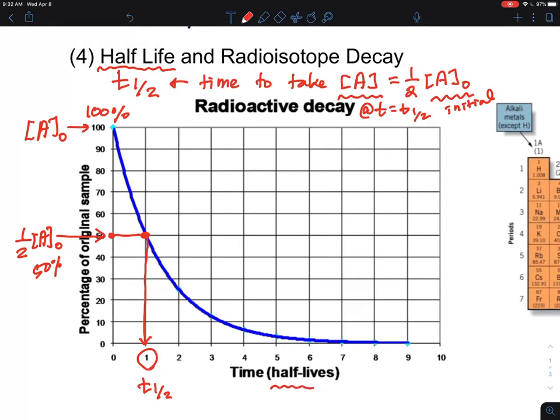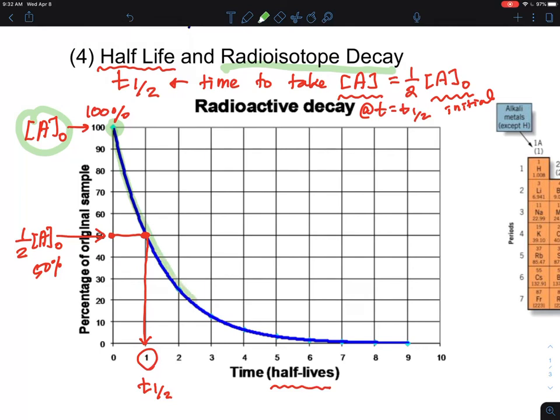Interestingly, they show you how long it takes for the half-life. So this means that this is one half-life, this is a second half-life, this is a third half-life, and so on. So in general, what this radioactive decay means, you always have an original concentration, and this one drops.